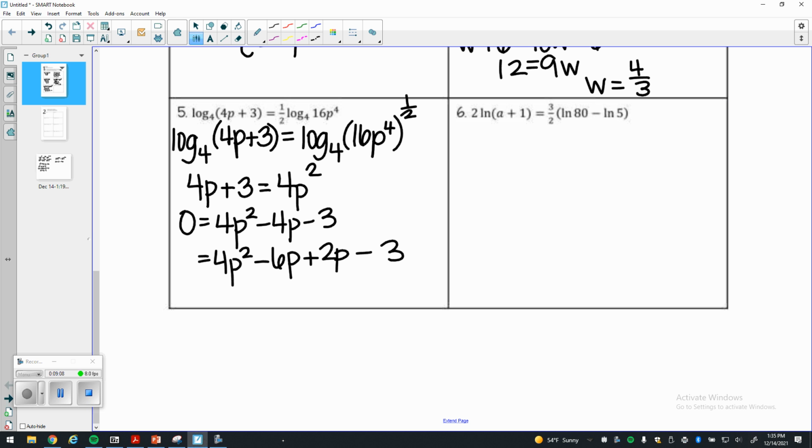4 means I have to group. What's my GCF of my first group? 2p. And I'm left with 2p minus 3. Yeah. Okay. Don't have to take anything out of that second one because it's just 2p minus 3.